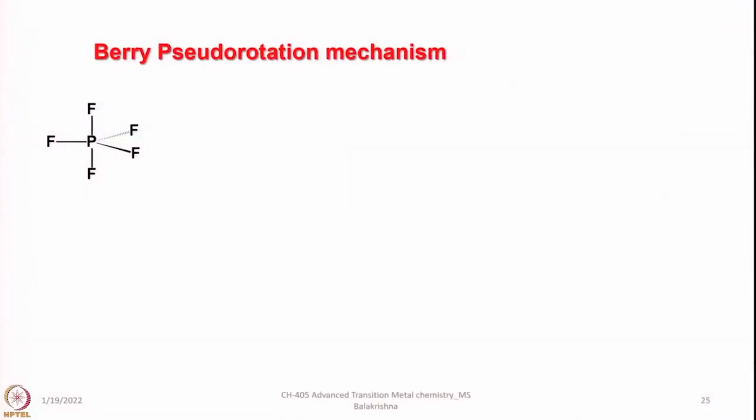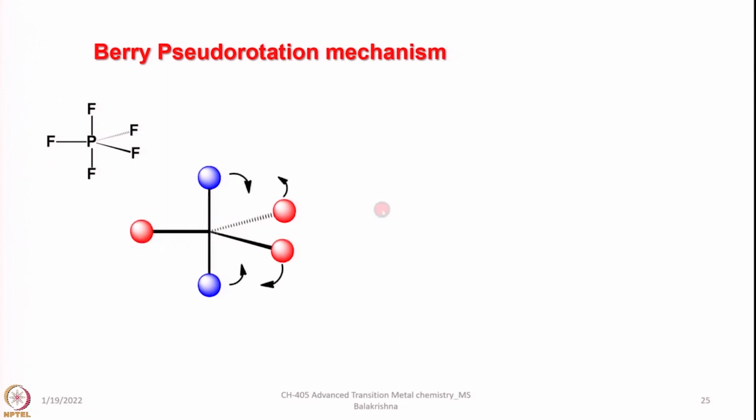I have depicted this in the next slide. You can see here how that happens. For example, you consider pentafluorophosphorane, and this is very similar to iron pentacarbonyl. For better understanding, I have given different colors for axial and equatorial ones.